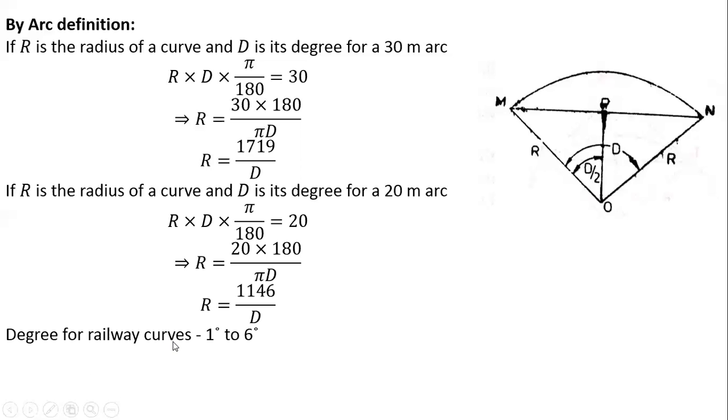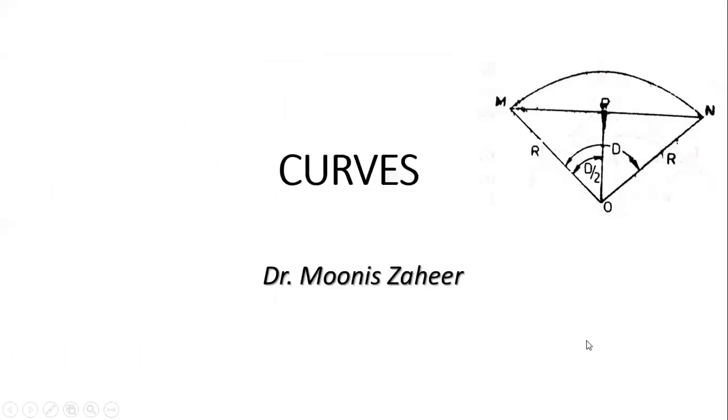Now, degree of railway curves. The code says the degree of railway curves varies from 1 degree to 6 degree, any value from here to here. For highway curves, we use a higher value, 1 degree to 20 degree. Clear? Just put the value of D here and you will find the radius of the curve.